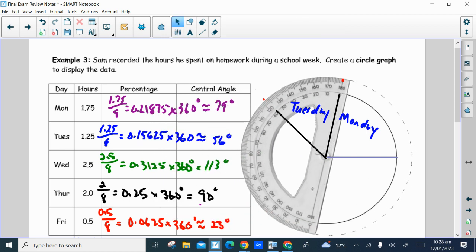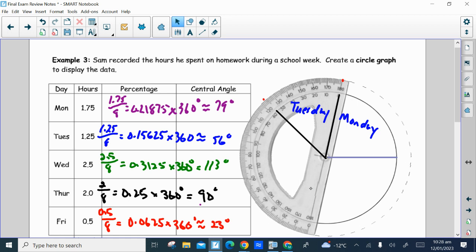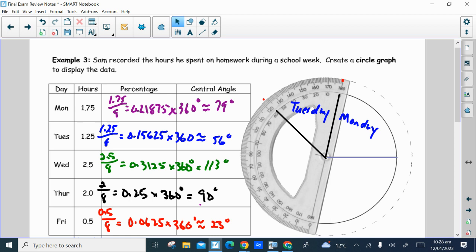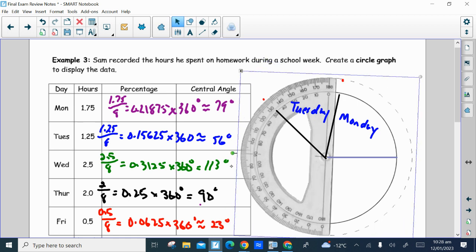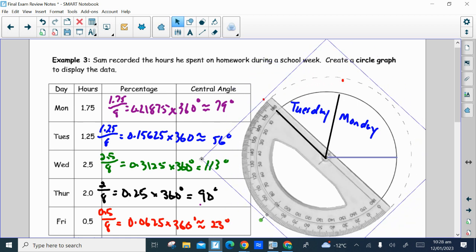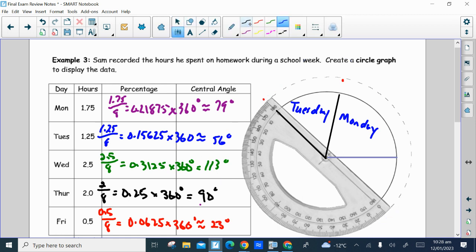For Wednesday, again, put the side at the center. And we're going to rotate it so that the 0 line is on the last line that we drew. And now we want to do an angle of 113 degrees. So from 0, we'll go to 90, 100. 113 is approximately right there.